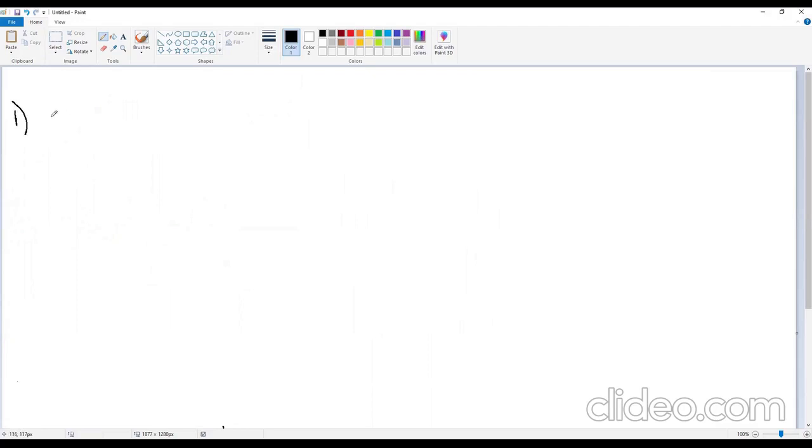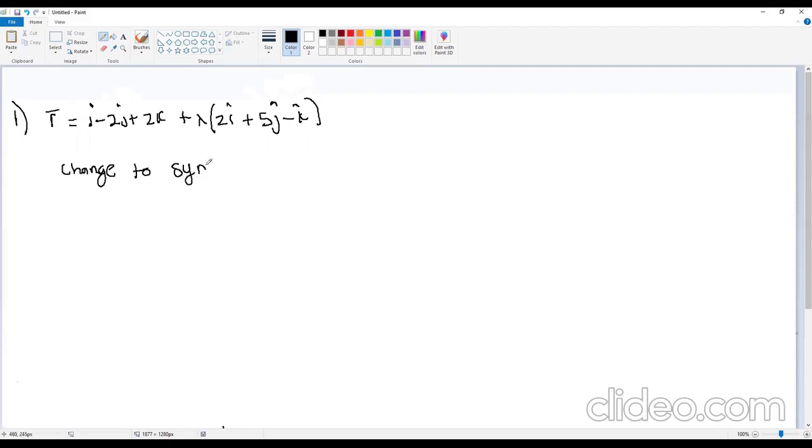Let's say this line is equal to i minus 2j plus 2k plus lambda times 2i plus 5j minus k. Then they say change this to symmetric form.